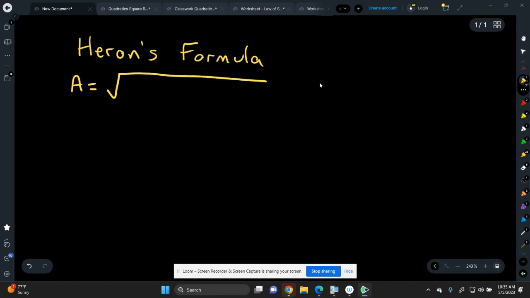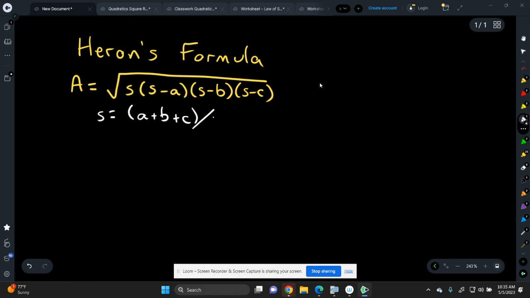The square root of S times S minus A times S minus B times S minus C, where S is equal to A plus B plus C divided by 2.